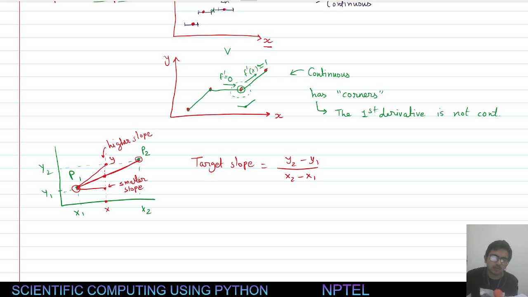And the estimated slope will be y minus x1 divided by x minus x1. Or we can use x2 also, right? It will give the same result. And if we equate these two, that means we are doing linear interpolation.